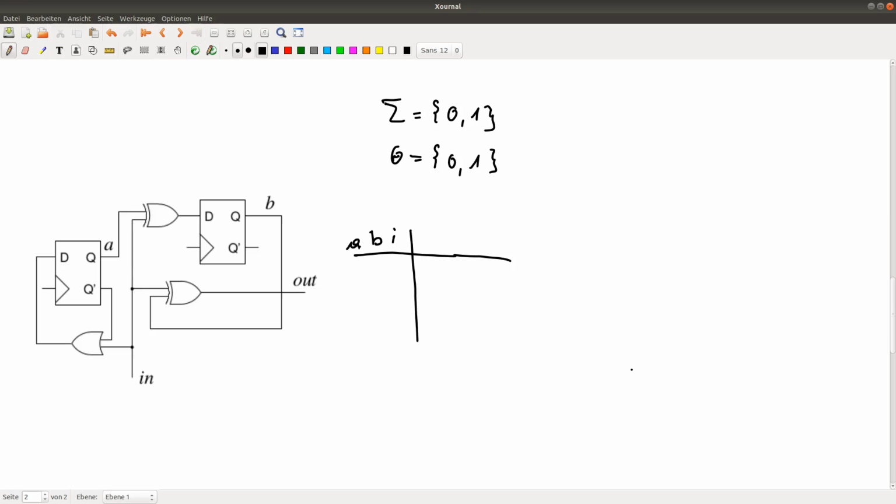So we have now A, B and the input in, and these we consider in our table. So say we have 0, 0, 0, and we have now 8 possibilities, 0, 0, 1, 0, 1, 0, 0.